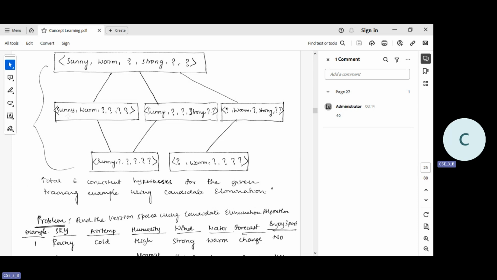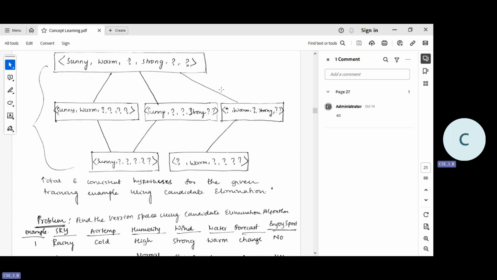This hypothesis, sunny, warm, and all 4 question marks, is obtained from the specific boundary hypothesis and this hypothesis. Similarly, this hypothesis we write with the combination of the specific boundary hypothesis and this hypothesis in the generic boundary.